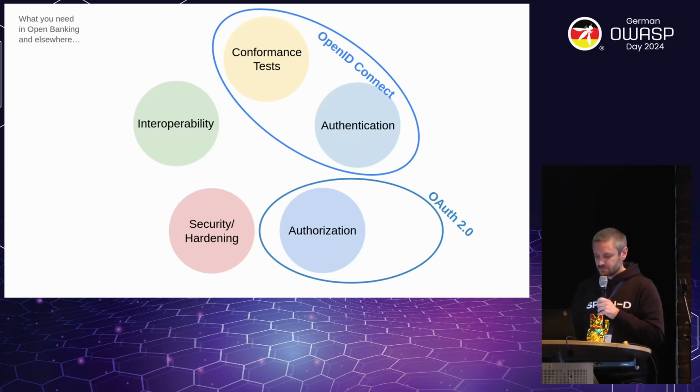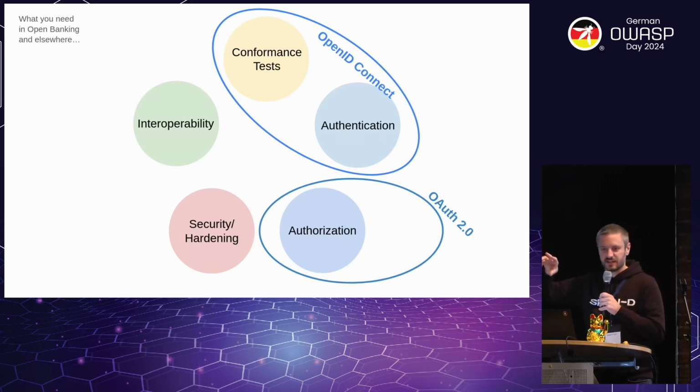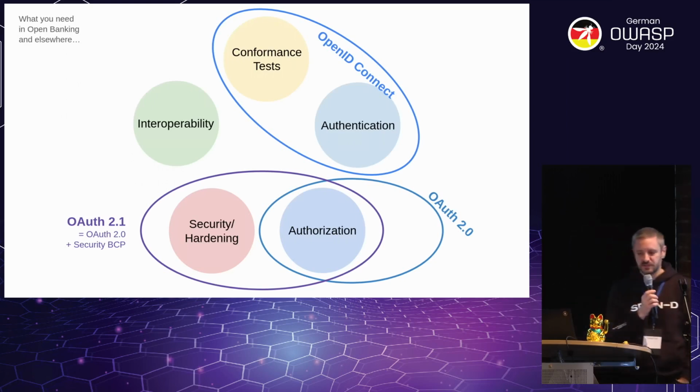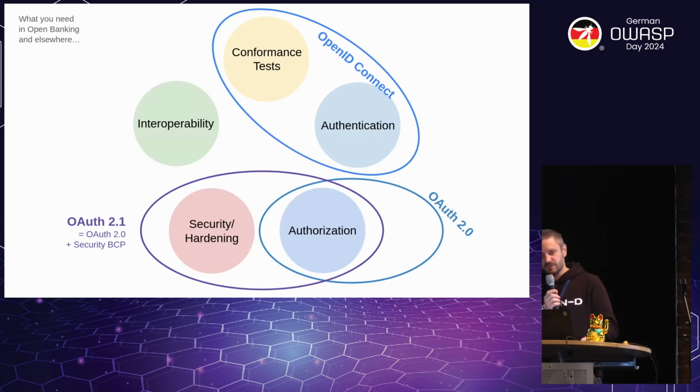And also, this whole talk was about security and hardening. And obviously, OAuth 2 doesn't give you that. So what to do? Well, you can take a look at the IETF OAuth 2.1 draft. It's a draft, not a final specification yet. But that's essentially OAuth 2 minus the insecure options, plus all the recommendations from the security BCP.